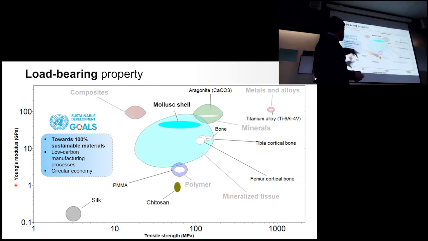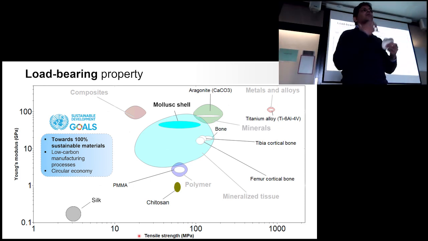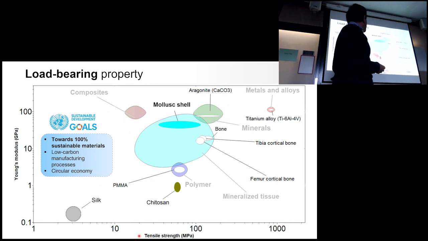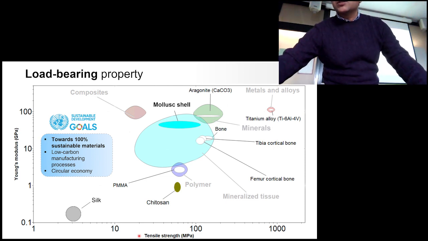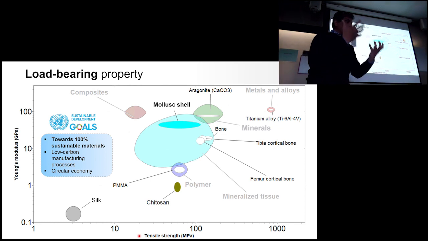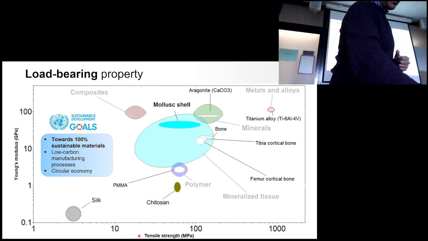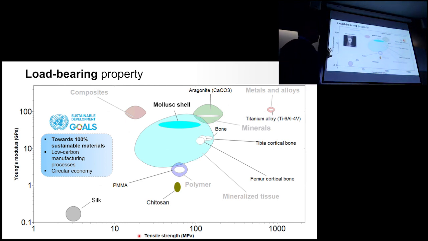Okay, and the reason I have plotted them across these two properties is that they give us a benchmark for the load-bearing capability of these materials. So you see, load-bearing property is a very important property because for a variety of applications, you need the material to sustain load.